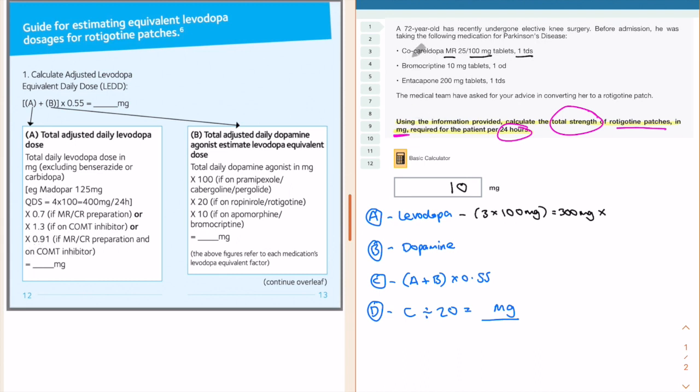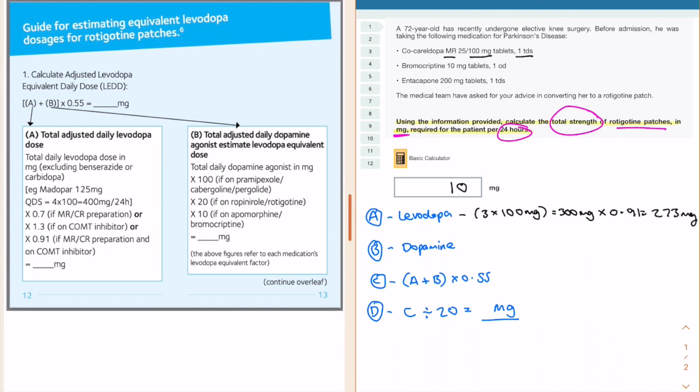In this scenario, our patient is on entacapone, which is a COMT inhibitor, and we've been given an MR preparation of levodopa. So we're going to use times 0.91. It's very important that you understand the scenario you've been given in order to extract the right values. So 300 milligrams on your calculator times 0.91 gives you an answer of 273 milligrams.